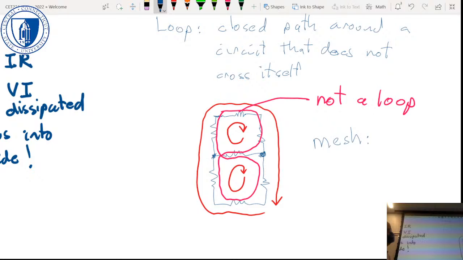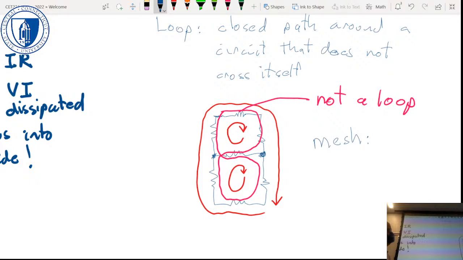Right? So now this loop here is a mesh. This loop here is also a mesh. Let's go with that one.